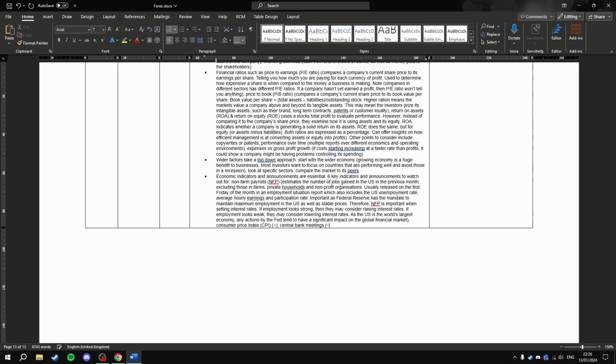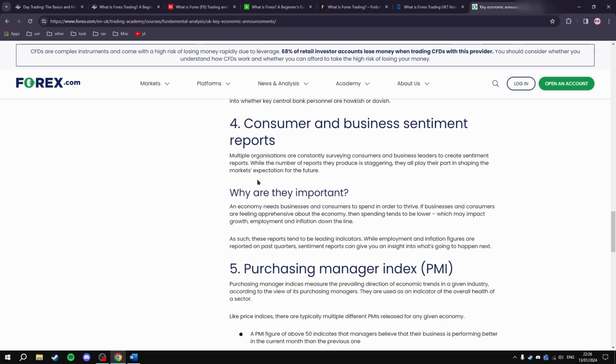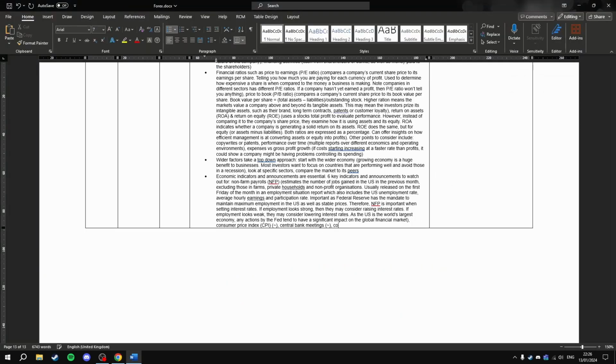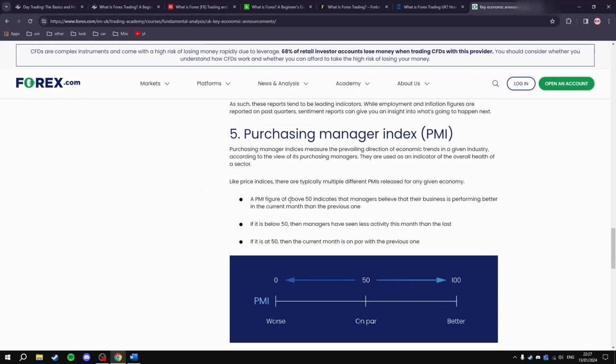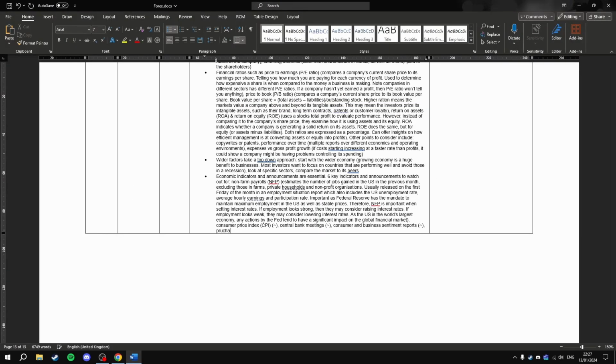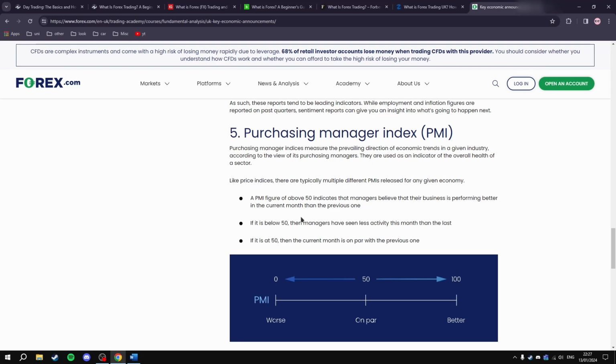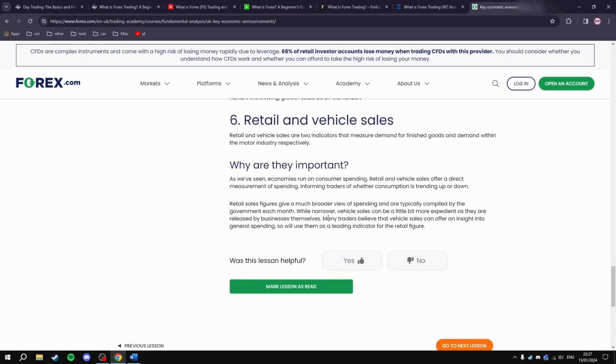Consumer and business sentiment reports. Purchasing manager index, PMI. Retail and vehicle sales.